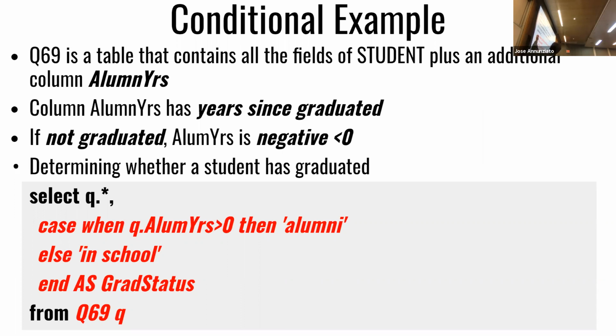So what we're doing here is retrieving all the fields that we had before, but we want another column at the end called the status, your graduating status, that is either going to be alumni or still in school. Basically it checks if the alumni years is positive, then you've graduated already, you're an alumni. Otherwise, if it's 0 or negative, then you're still in school.